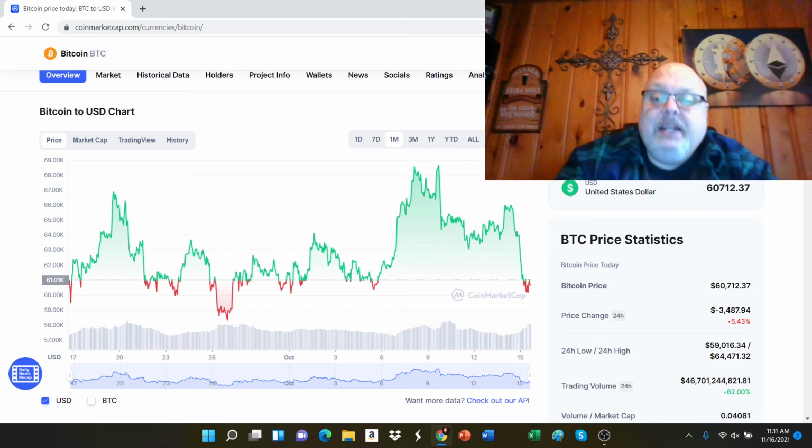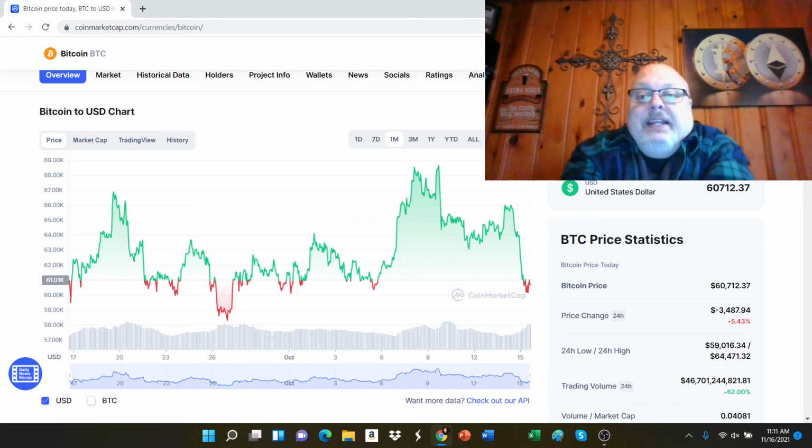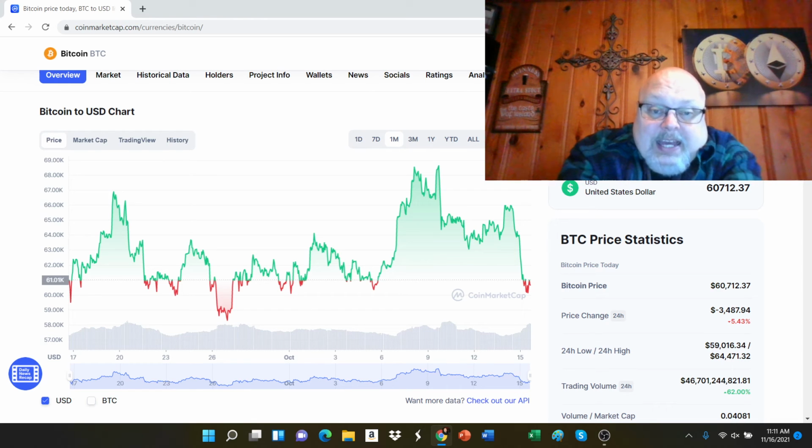So I put in an entire order. If this works and it hits 65, now don't forget I can be liquidated at 10x, which means I'll be liquidated in the upper 50s.